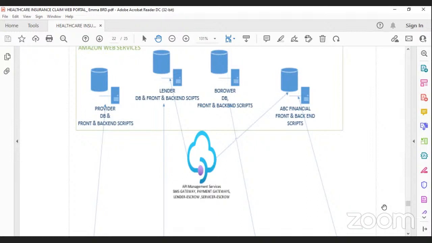Okay, so there shouldn't be a connection between this end device and this end device. But if we need to do a connection, then I think that connection should come between the provider back end and, let's say, the lender. That is where the connection should be, but not necessarily with the end devices. So I think I should have done some connections between the databases and then the servers. Basically, if I'm getting you, the connection should rather be there.